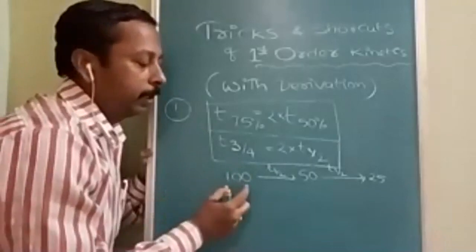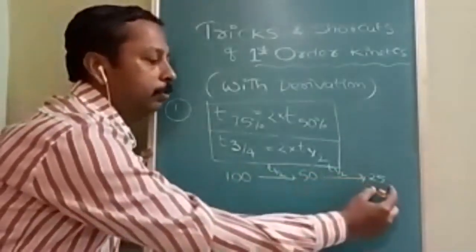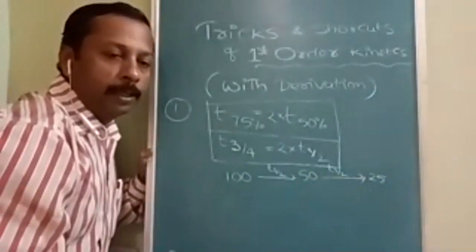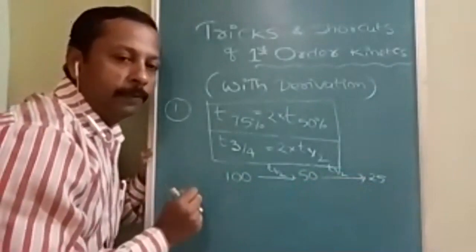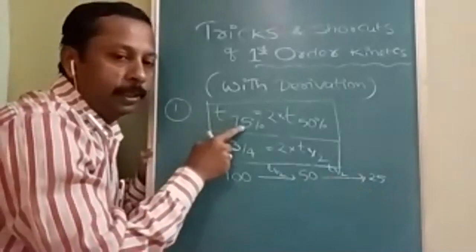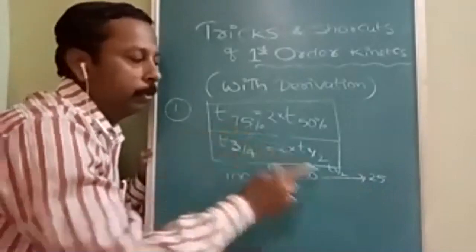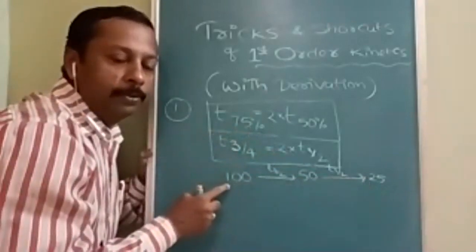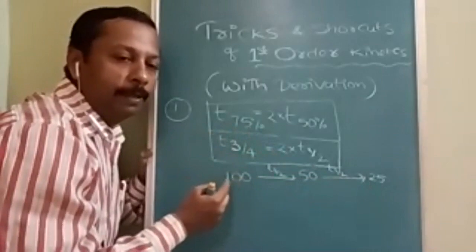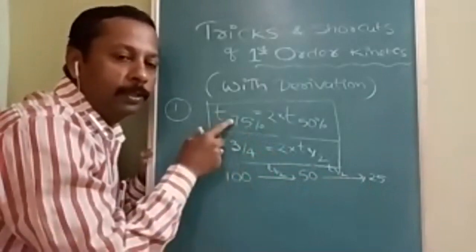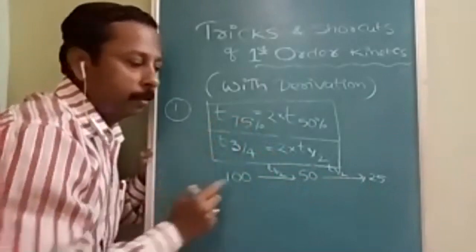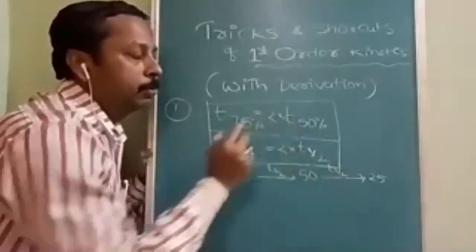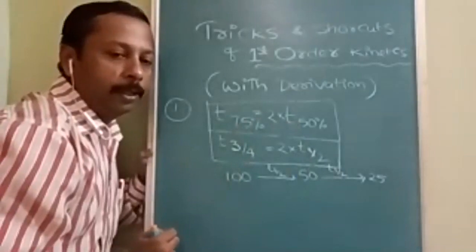The time taken by the reactant to consume 75% of it is called T75%. Understood? So 25 is left over out of the 100. That means how much is consumed? 75%. 75 is consumed. So this is called T 75%. So how many times have we taken that? 2 times of T 50%. Understood?